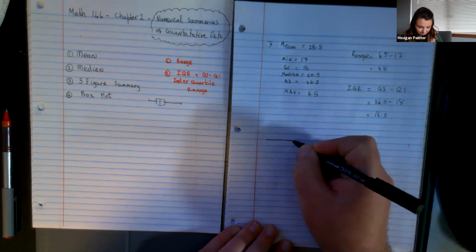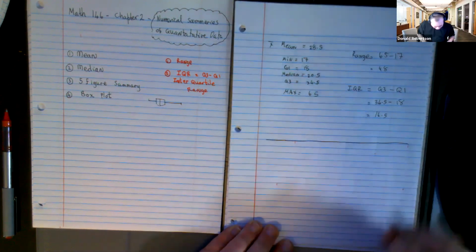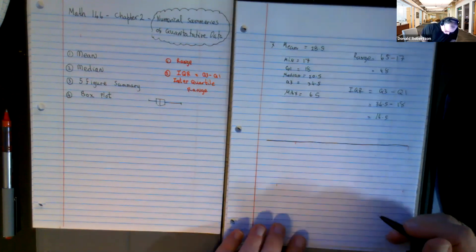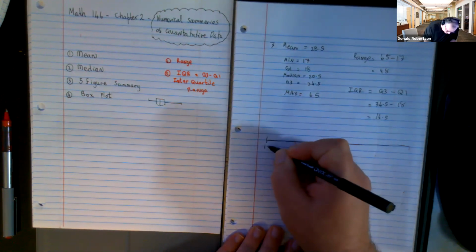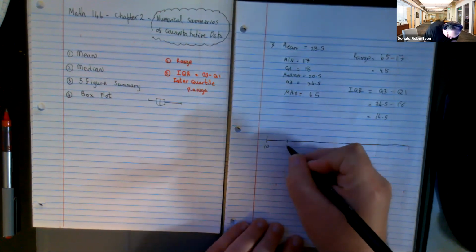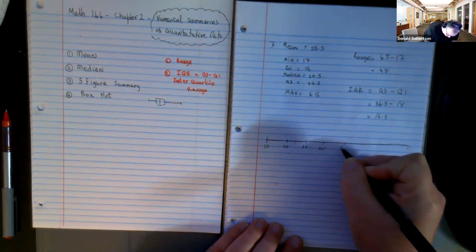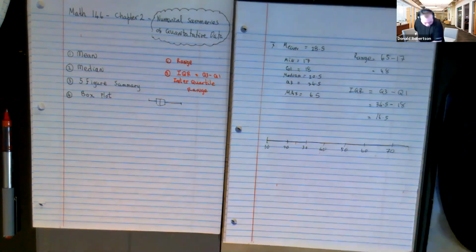So imagine I've got a ruler. I actually think square paper is very helpful, but it's a pain for me to do it. All right, I know I'm going to go from 17 to 65, so I'll probably start at 10, and I'm going to go 20, 30, 40, 50, 60, 70. So it's a bit like a ruler.